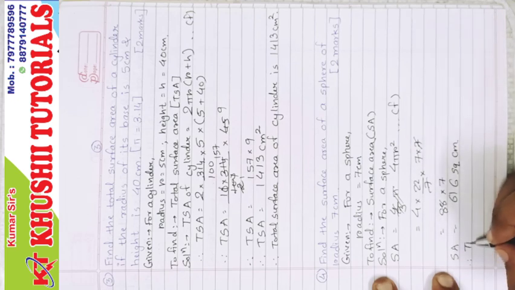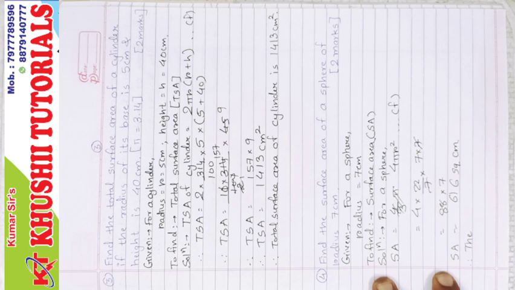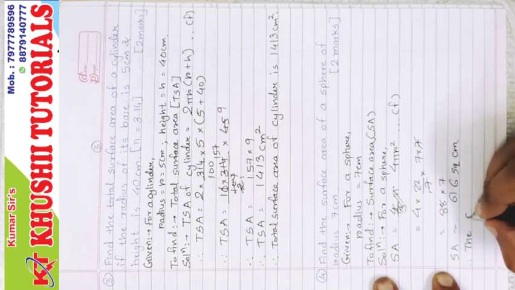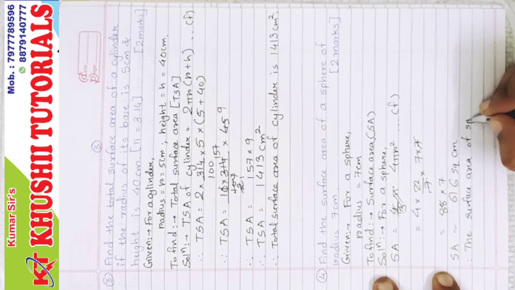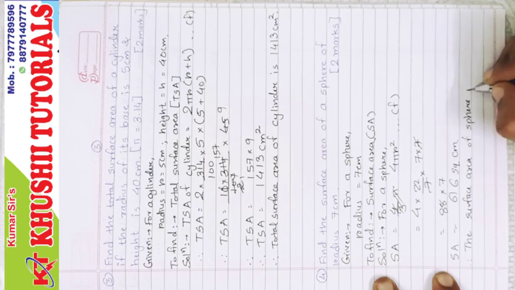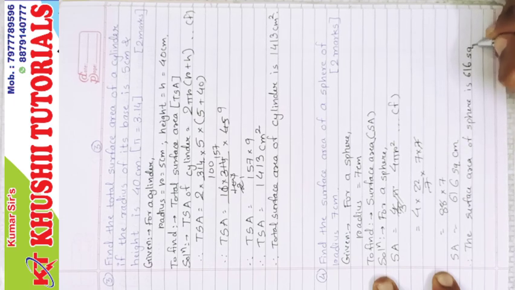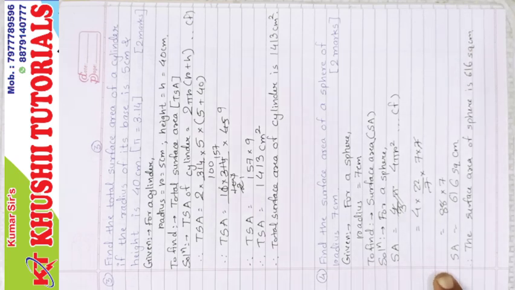Therefore the answer: the surface area of a sphere is 616 square centimeter. And this is the end of sum number 4.